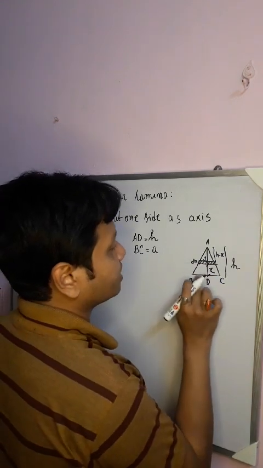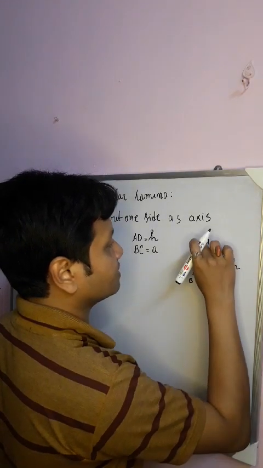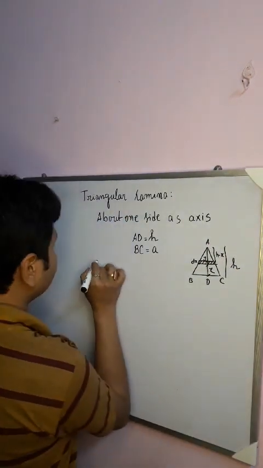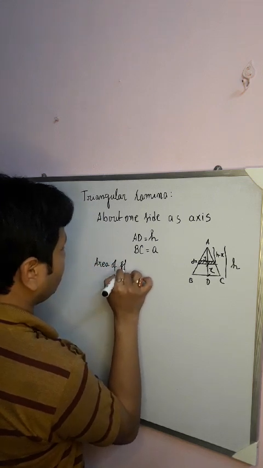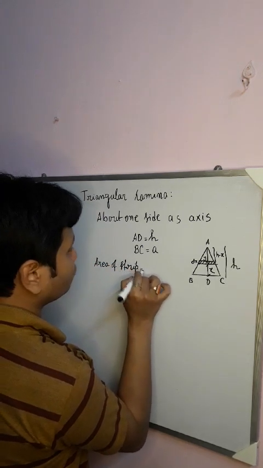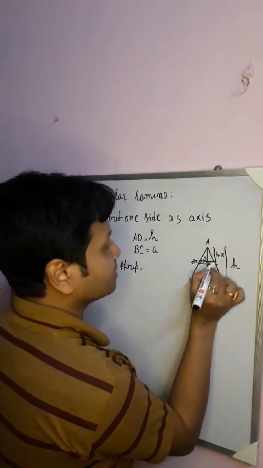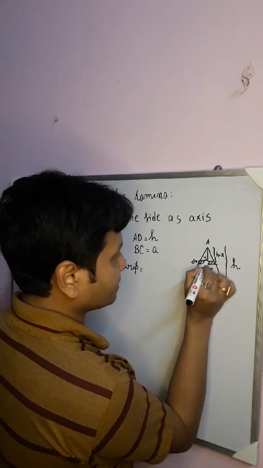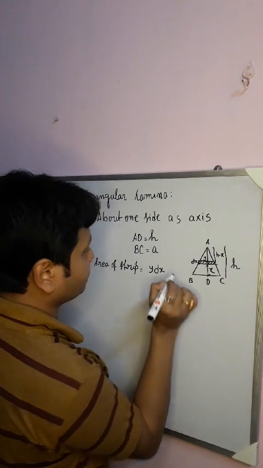We take the strip at a distance x from BC, so if the total is h and this is x, this is h minus x. Area of the strip is length into breadth, that is length into width. Since this is x, this width is dx and this you can call y. So this is y dx.